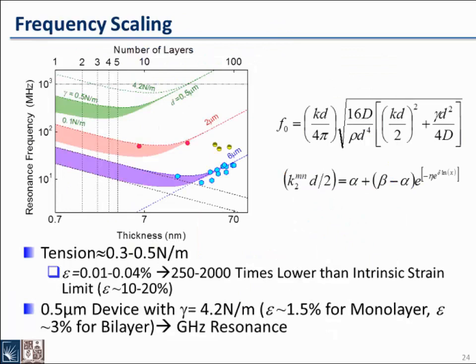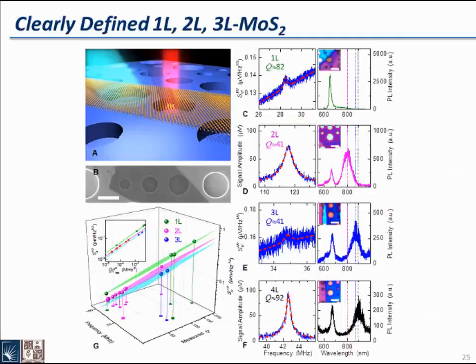And then we worked out a mixed elasticity model that takes into account the transition regime from a plate to a membrane. If you are familiar with elasticity, you know that a plate or disk operates quite differently than a membrane. The membrane frequency can be changed by tension quite a lot, while in a disk, the thickness and Young's modulus play significant roles. Then we further did this experiment. We put devices with 1, 2, 3, 4 layers.